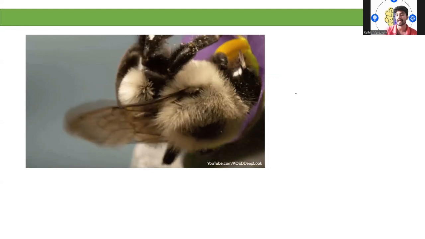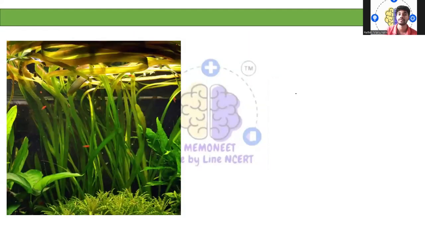And another thing we have is water pollination. So in water pollination, what happens? We can take an example of Vallisneria. Here, the female plant reaches out to the surface of the water, as you can see here, with the help of its long stalks.